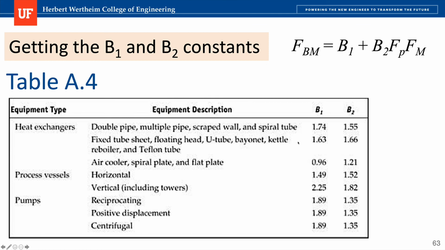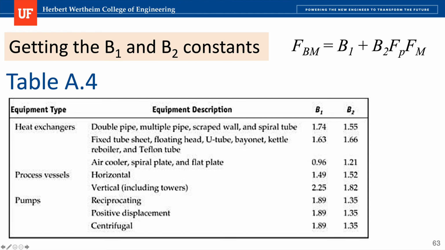So again, it's just like an algorithm. You just go through the tables and the equations and find out the cost. Sometimes you have to make assumptions. If they tell you that it's a heat exchanger, floating head, and they don't give you a lot of information, I have seen combinations, maybe a U-tube double pipe, something like that, combinations of classifications.